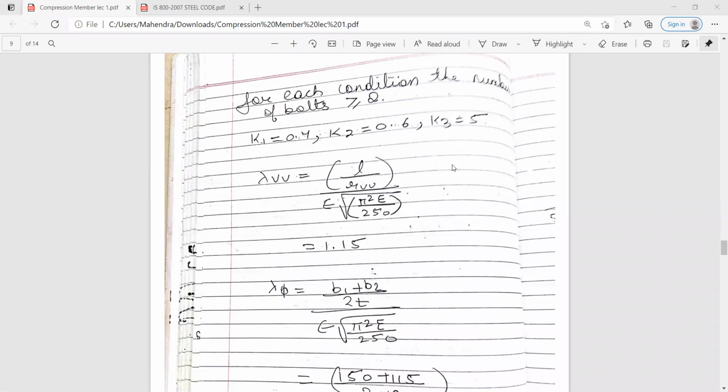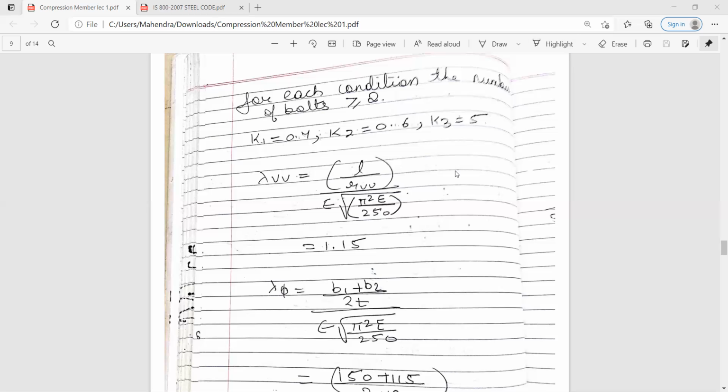How much RVV you had substituted over there? Yes, 1.58. Then pi square E की value 2 into 10 raised to power 5 and epsilon value is 1.